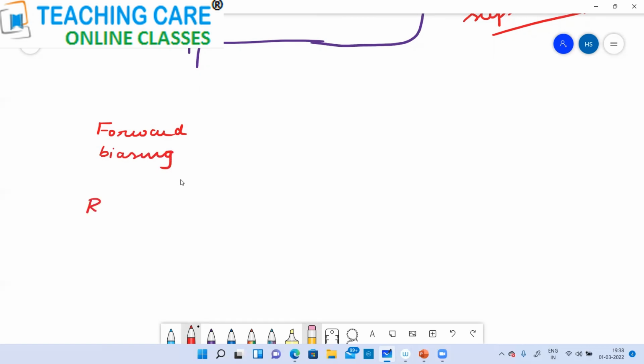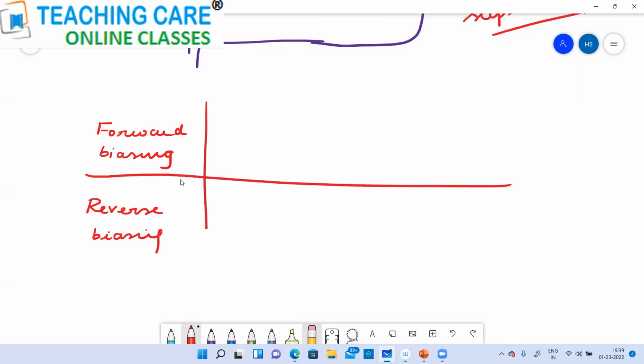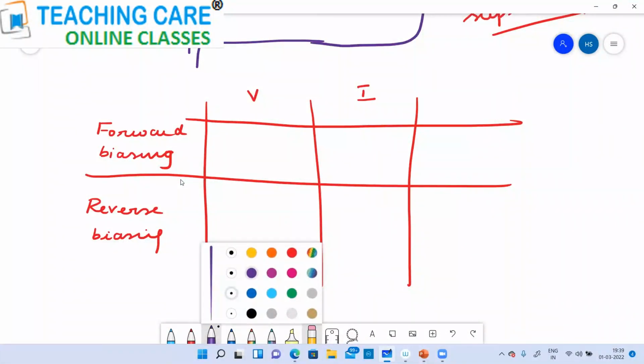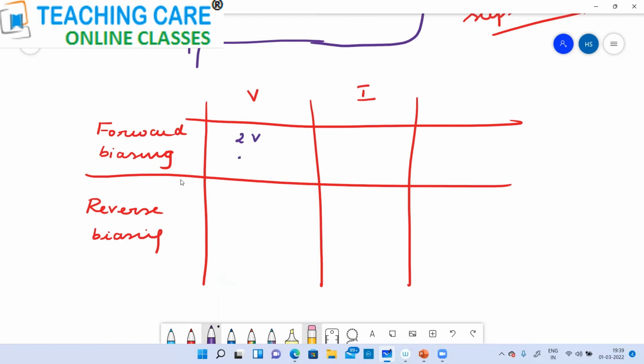Forward biasing, reverse biasing, V, I. 2 volt, 2.4 volt.